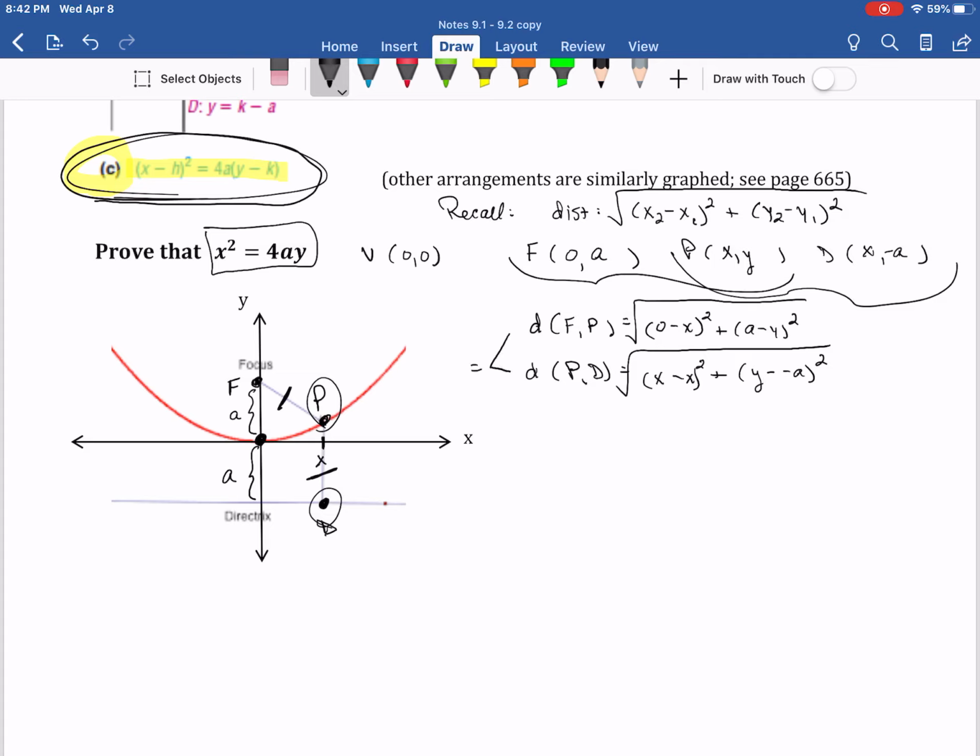So I'm going to make an equation, and I'll drop the square roots, right? Because if I have the square root of something equal to the square root of something, I can square both sides, and now the square roots are gone. We're good with that? So no more square roots. I'm also going to simplify slightly. For example, 0 minus x is just negative x, and when you square negative x, you get positive x squared.